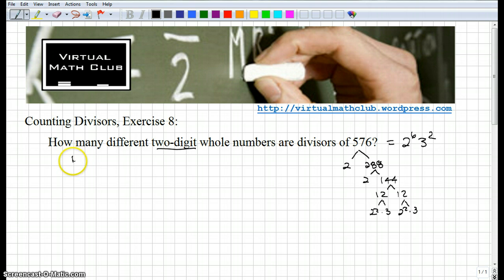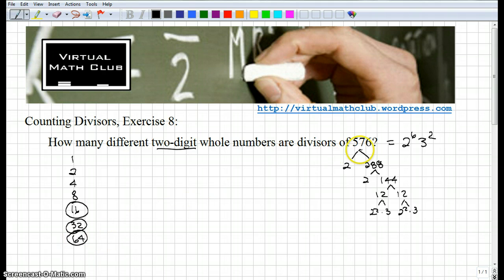So we have 2 to the 0 is 1. 2 to the 1 is 2. And then we have 4 and 8 and 16. Okay, that's a good one. That's two digits. 32 and 64. So that's 2 to the 4th and 2 to the 5th and 2 to the 6th. So all of these are two-digit, so those will count.